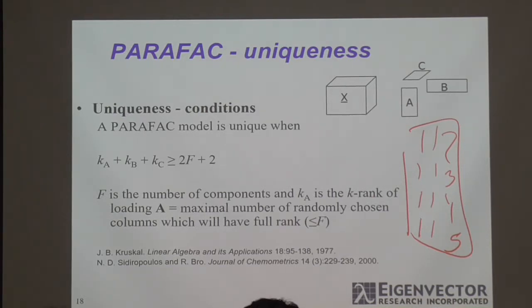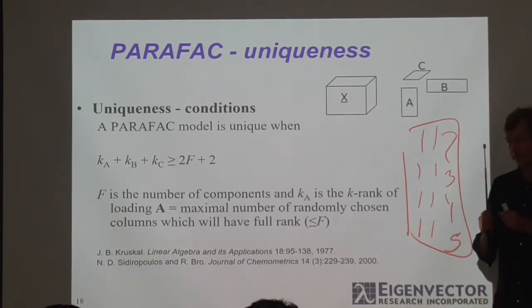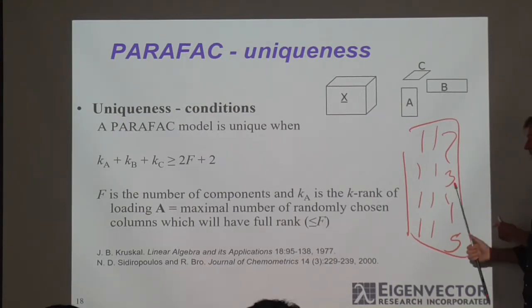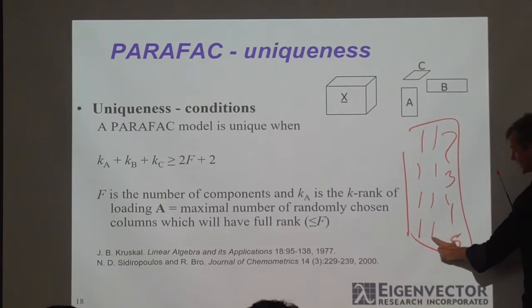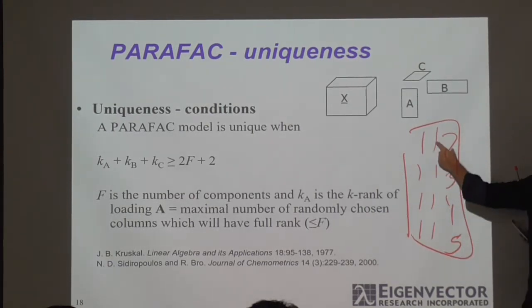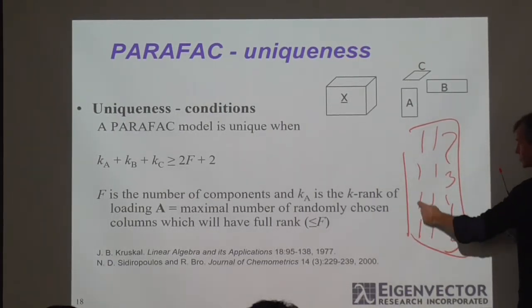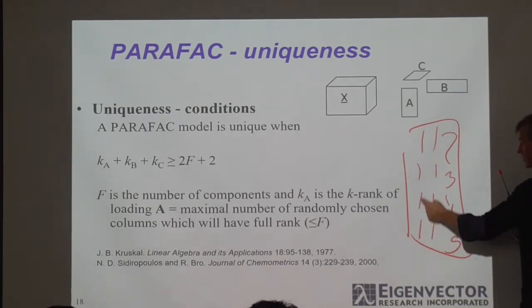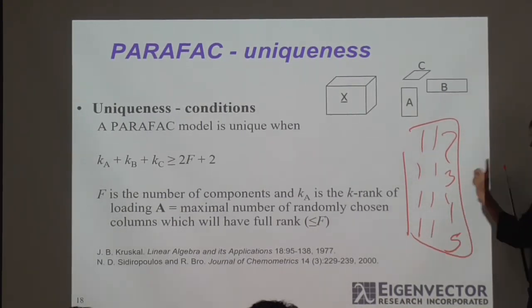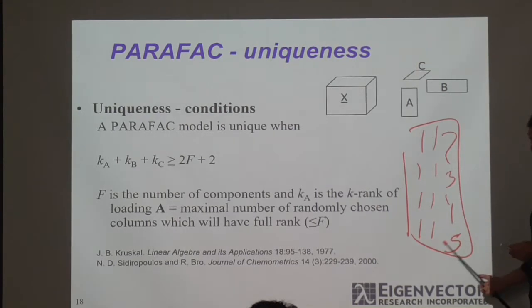This matrix has rank 2 because there's 2 different things going on. That's fine. The K rank is the number of columns that I can take out randomly and have full rank. So if I take out these 2 columns, it's rank 2. If I take out these 2 columns, it's rank 1 because it's the same information. So therefore the K rank of this matrix is 1.